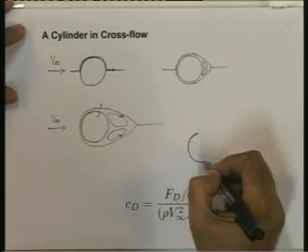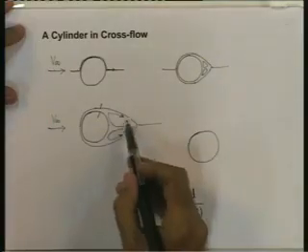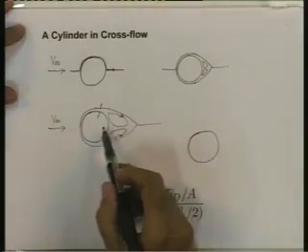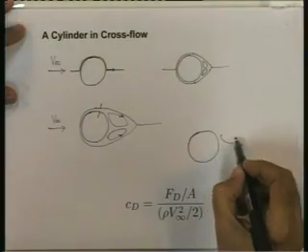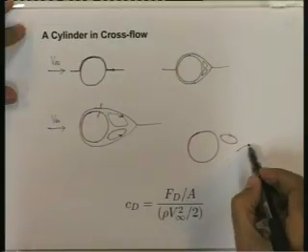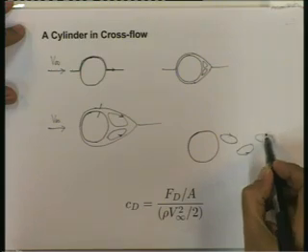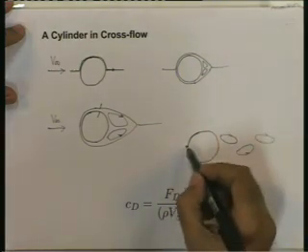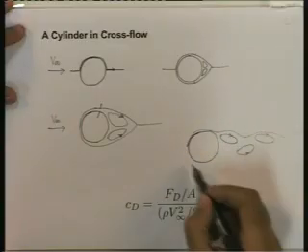A very interesting situation occurs at higher Reynolds number, where even these separated eddies don't remain attached to the cylinder. You have one eddy disengaging from the cylinder, another eddy, a third eddy, and so on. Alternatively, an eddy will form on one side and will separate from the cylinder.